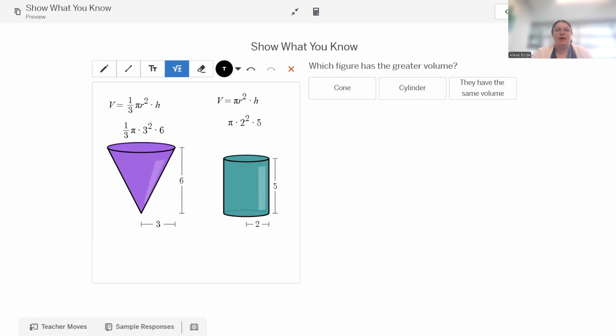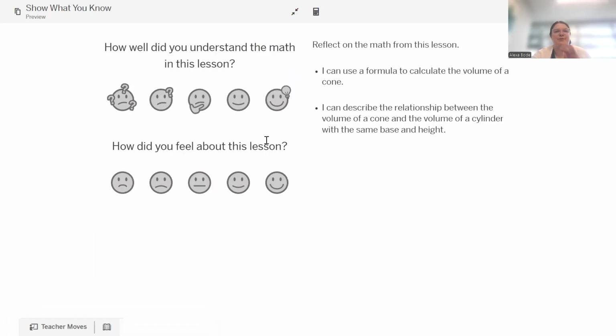Okay. And then at the bottom of your paper, actually, you know what? The show what you know is on a different sheet of your packet, on either the very last page or the page before it. It is going to still have the little smiley faces. So please circle, tell me how well did you understand the math lesson for today and how did you feel about this lesson?